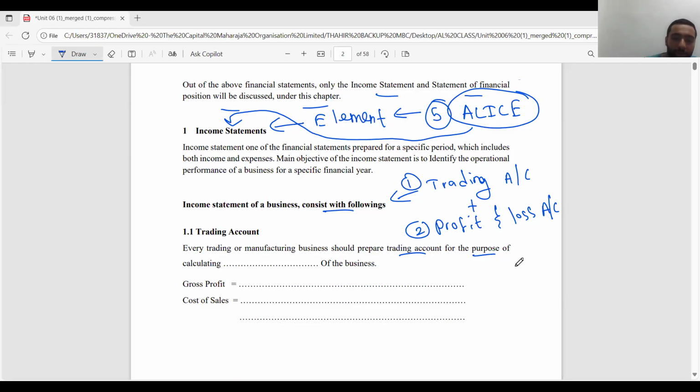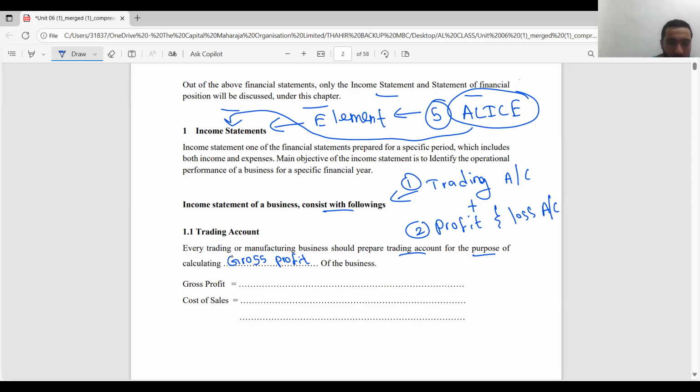Yes, very good. To calculate what? Gross profit. Okay. Yes, Lakshini, Ziana, Arva, all three are correct.